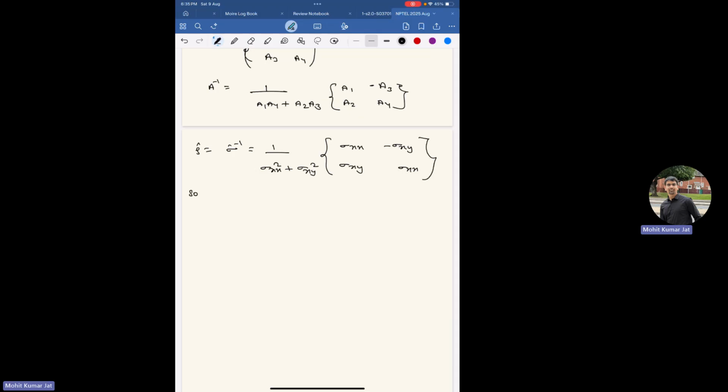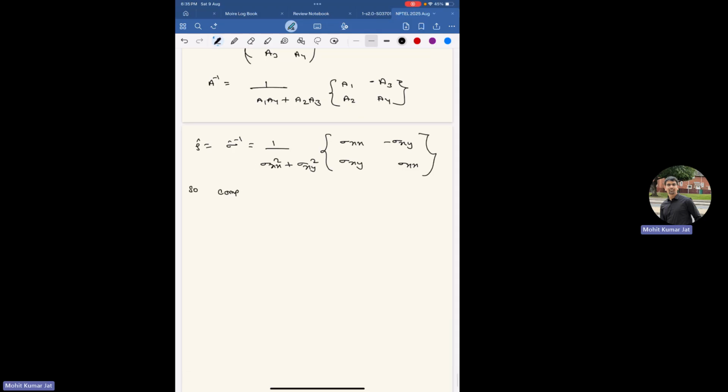So comparing components, your rho xx is sigma xx by sigma xx square plus sigma xy square, and your rho xy is minus sigma xy by sigma xx square plus sigma xy square.